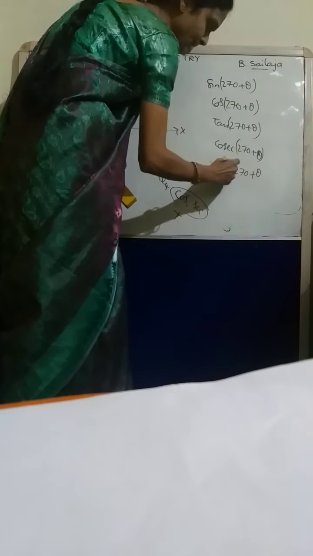So let me explain 270 plus theta: sine 270 plus theta, cos 270 plus theta, tan 270 plus theta. Then the reciprocals: cosec 270 plus theta, sec 270 plus theta, then cot 270 plus theta.